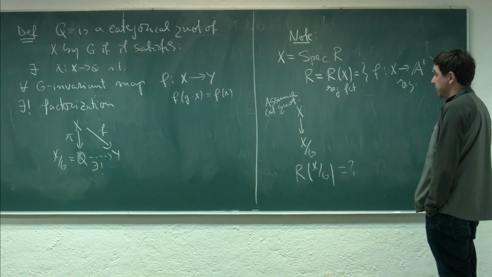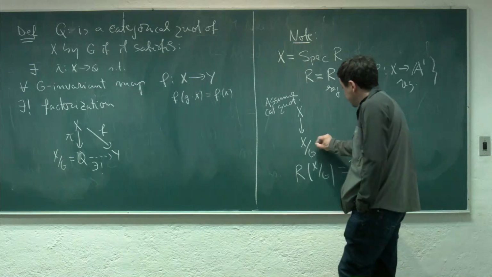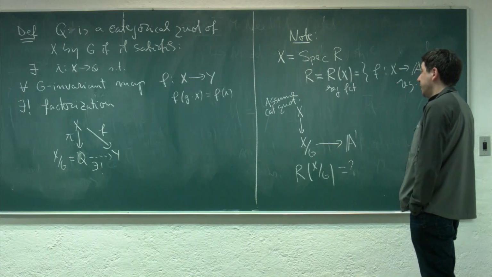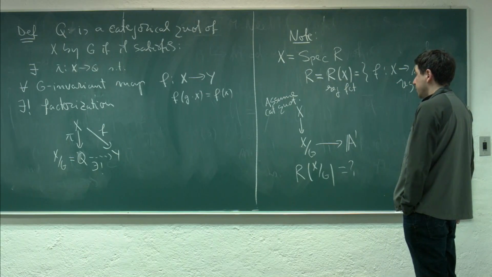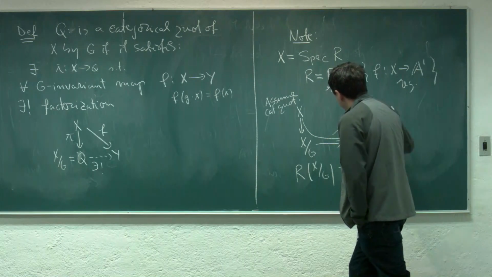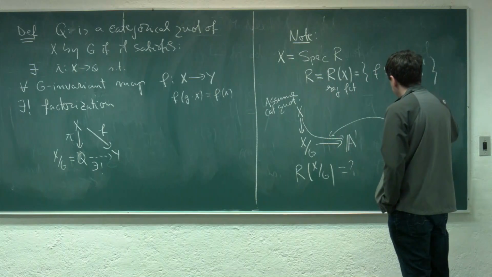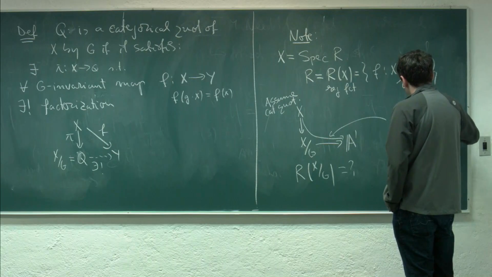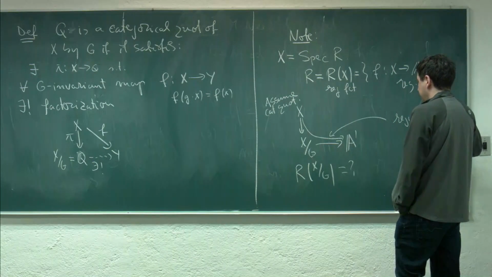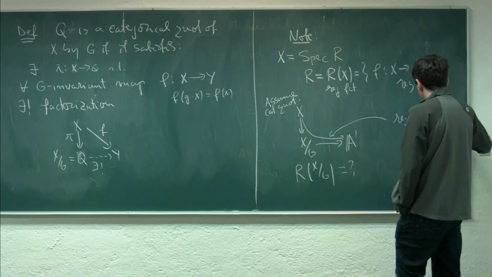This is the question. So a regular function here is, of course, a map to A1. And then, if I do the composition this way, I note that this is a regular function on X, which is invariant.